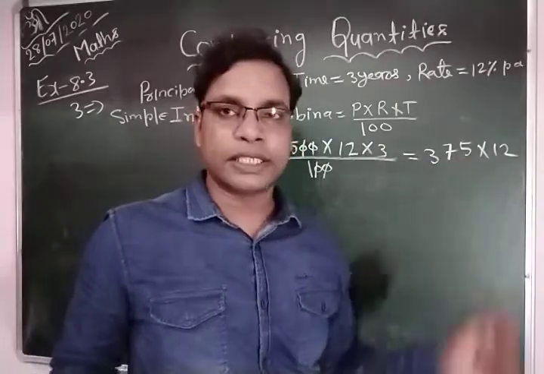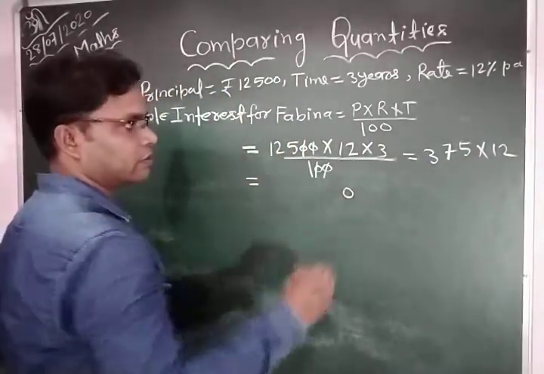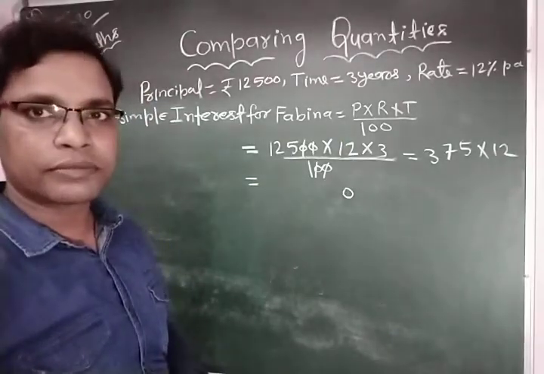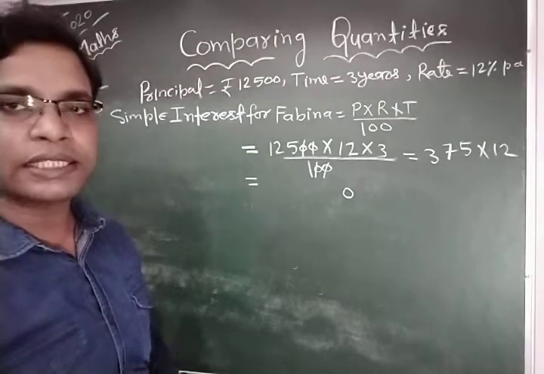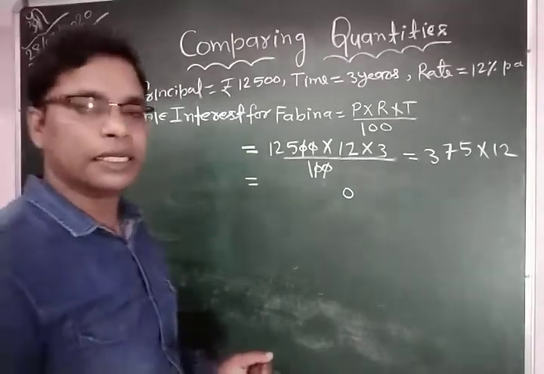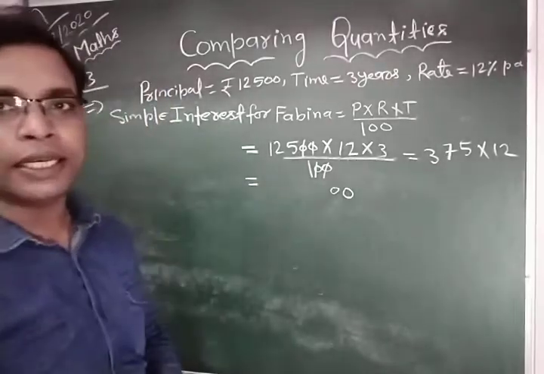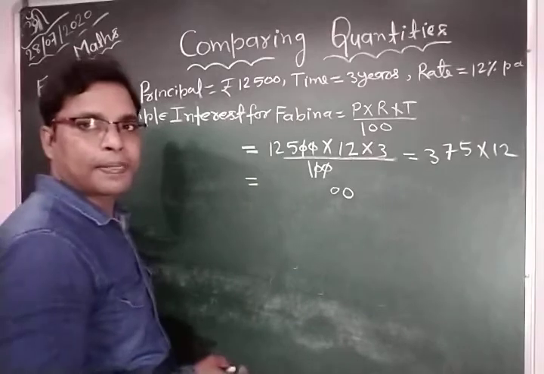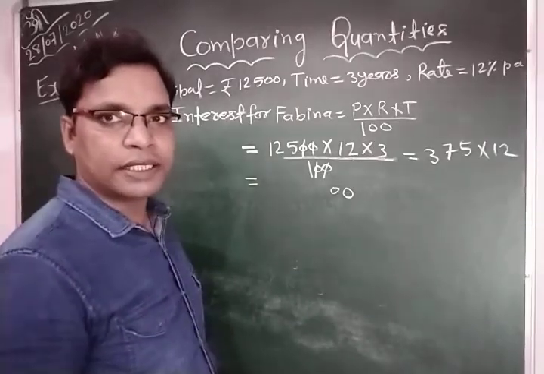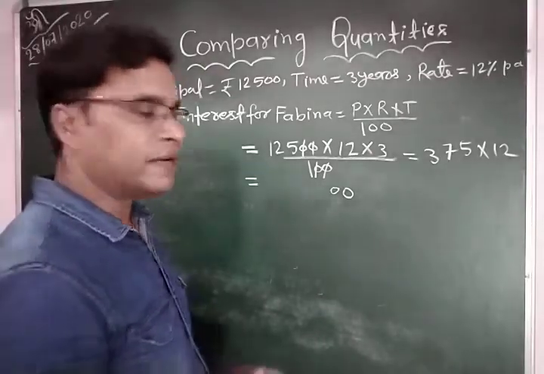So 12 fives are 60, and 12 sevens are 84. 84 plus 6 is 90, and 0, again we carry 9, and 12 threes are 36 plus 9, 45.